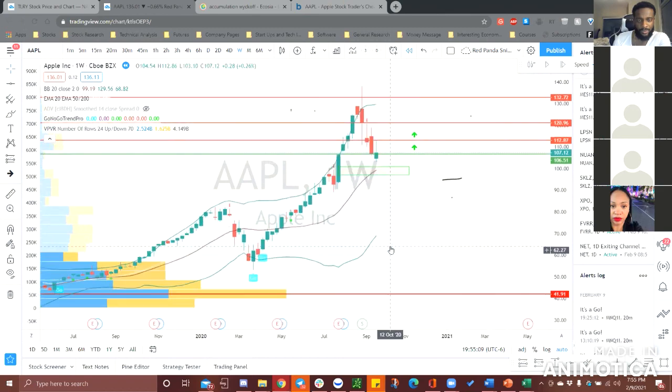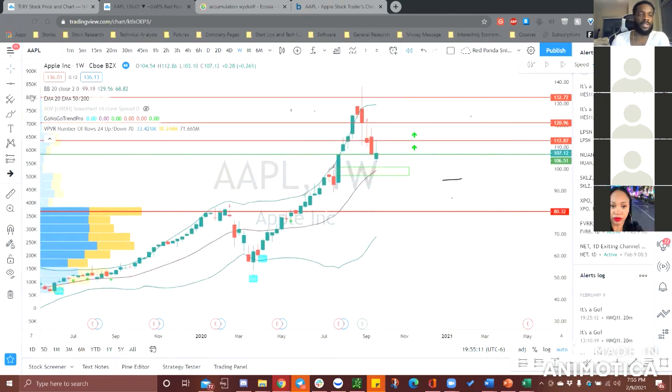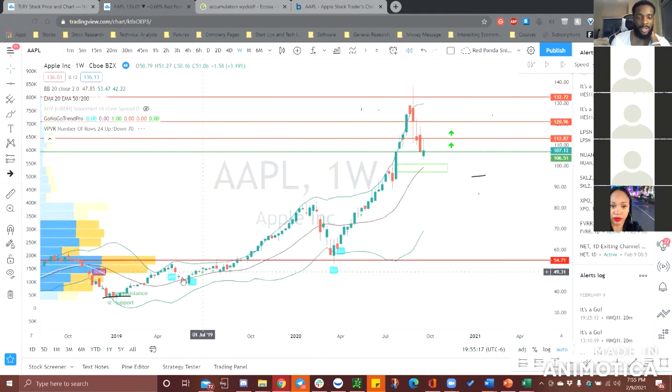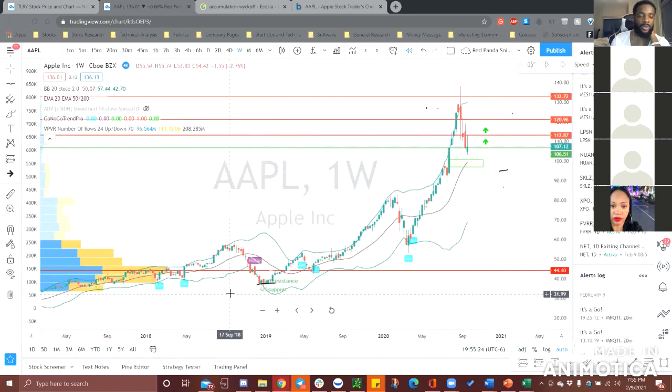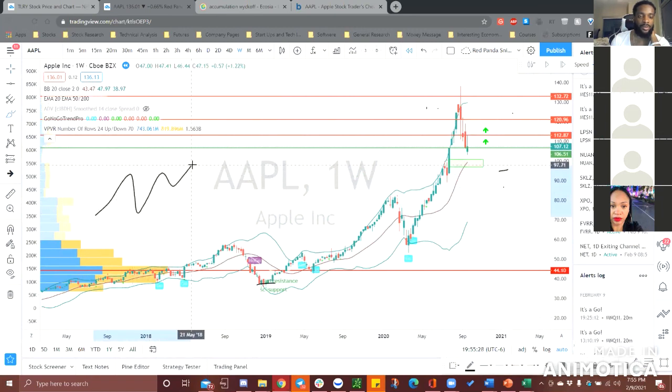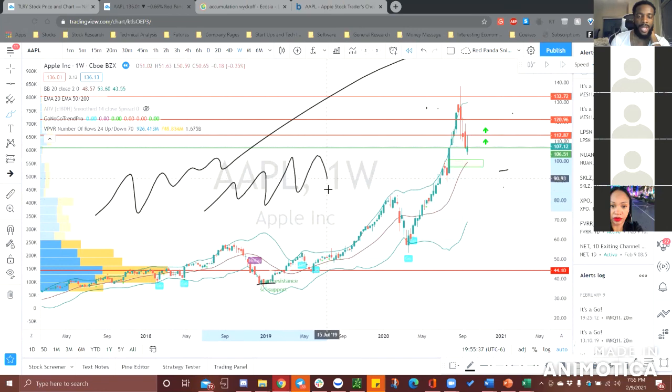I mean it's respecting a lot of its structure, coming back to complete structure. It's not doing funny moves like Tesla, which will do something, act like it's going to come back, and then just go crazy. Apple is coming back. So it's just a nice chart. That's all I mean by that.